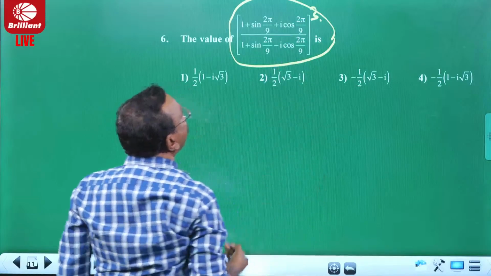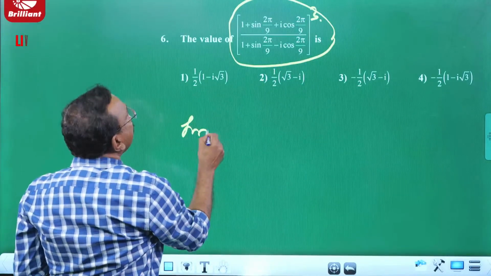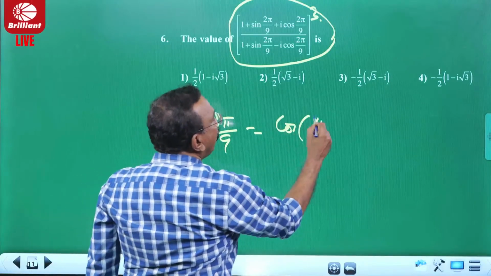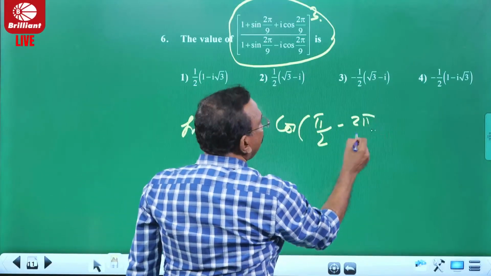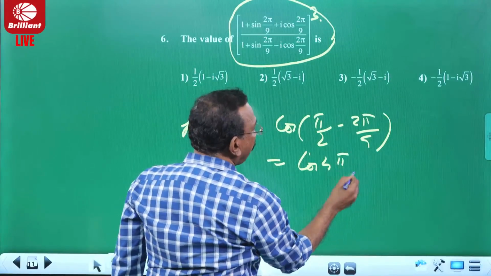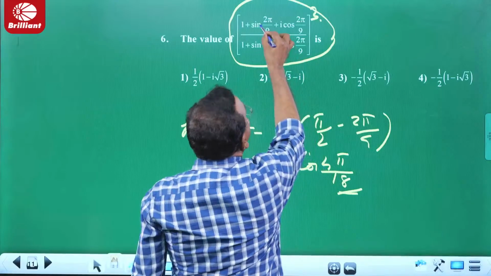Now the next question. This expression is also a repeatedly asked problem, as there is a cube inside the problem. So you can see sine 2 pi by 9 will be written as cos of pi by 2 minus 2 pi by 9. You can see it is equal to 9 minus 4, so cos of 4 pi by 18. This is the first expression here.